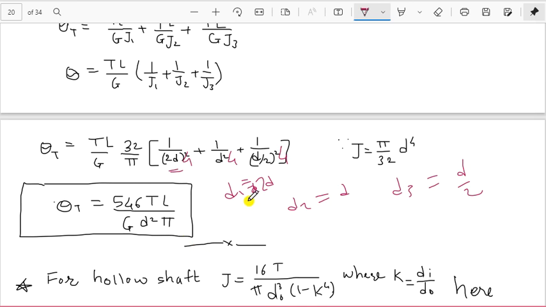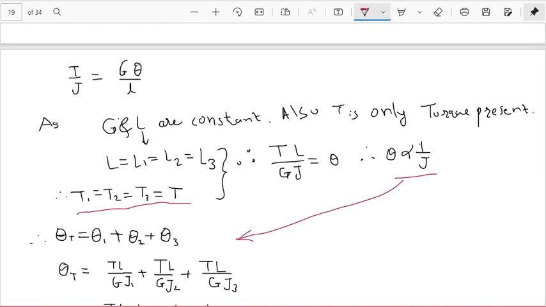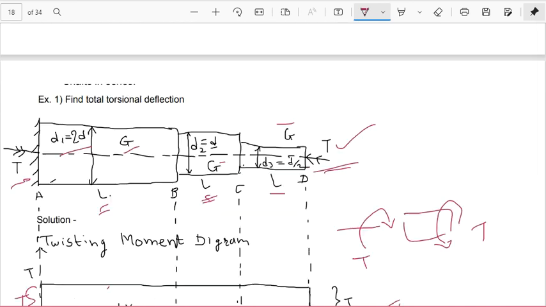From this equation, you can see, we have the previous one, where I can show you.